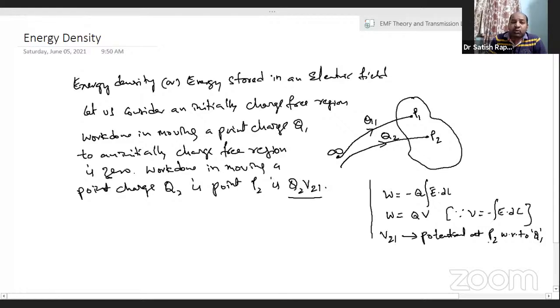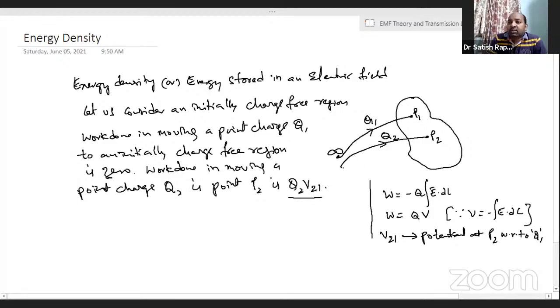That's because Q1 is already placed. So V21 is the potential at P2 with respect to Q1.